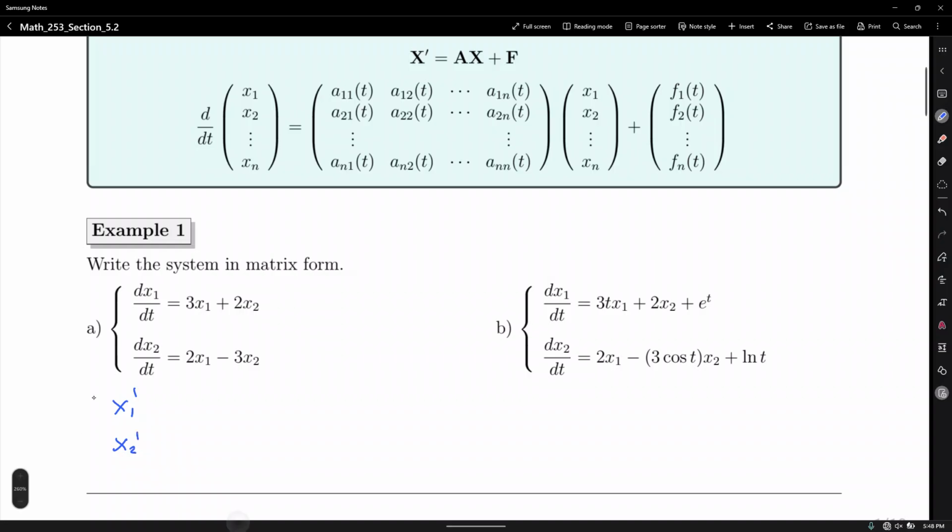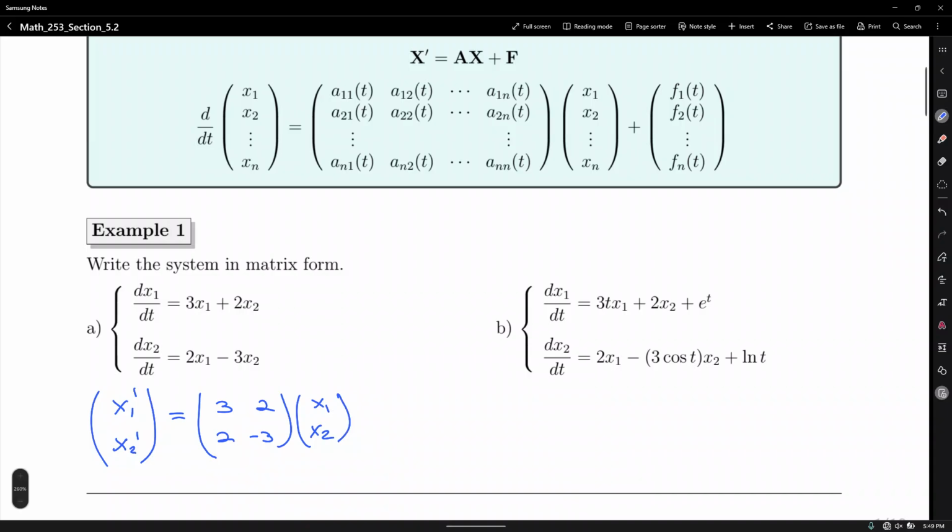That's the vector equal to the numbers that multiply x1 and x2, those are going to go in a 2 by 2 matrix, 3, 2, 2, -3. And I'm going to multiply this by the vector x1, x2, right? Which are the variables that are changing with respect to time in this case, because it's dt.